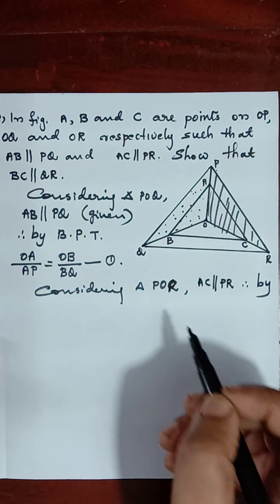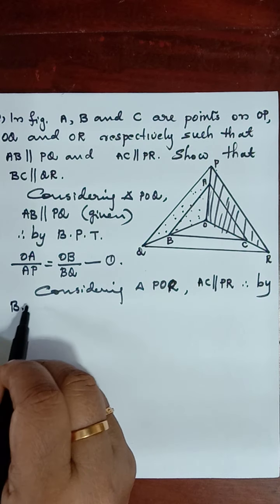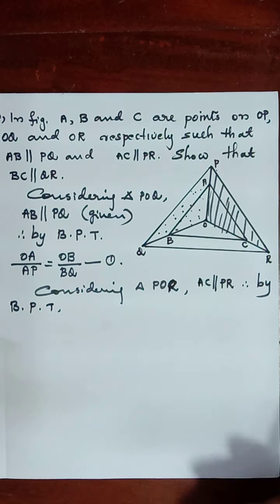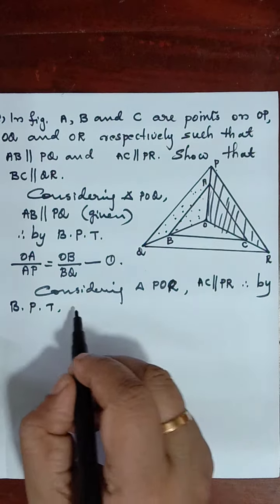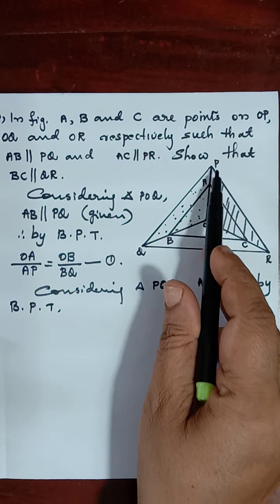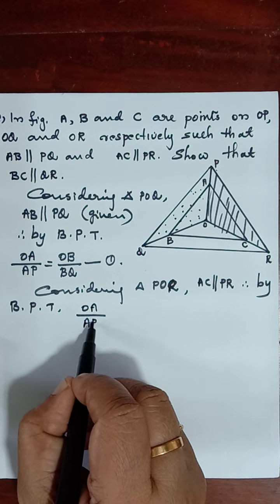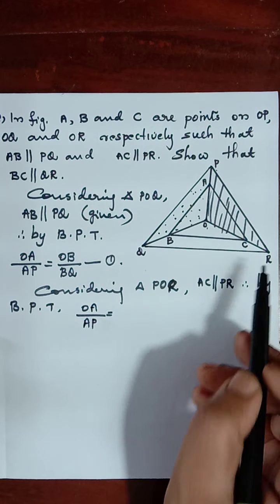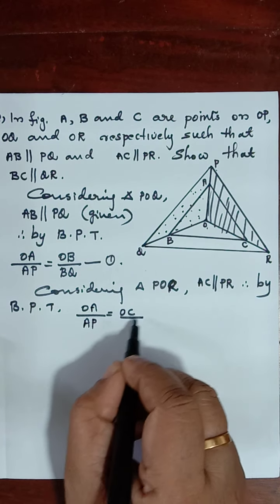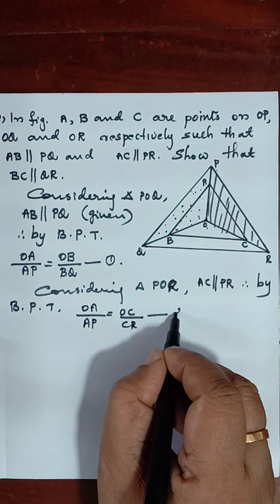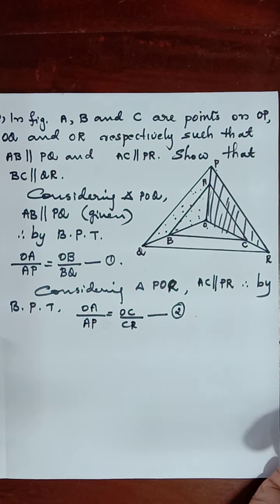Therefore, by the basic proportionality theorem, what do we write? OA by AP is equal to OC by CR. Let us mark it as equation number 2.